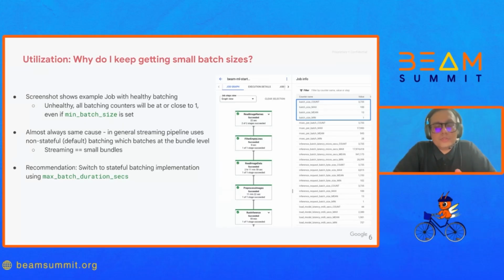One, users will have to be able to store the state, and it introduces a reshuffle step which, if there are large elements in the pipeline, will result in inefficient processing. There is not a great in between here, and users can use this parameter and they will get large batch sizes, but it may or may not result in higher utilization.